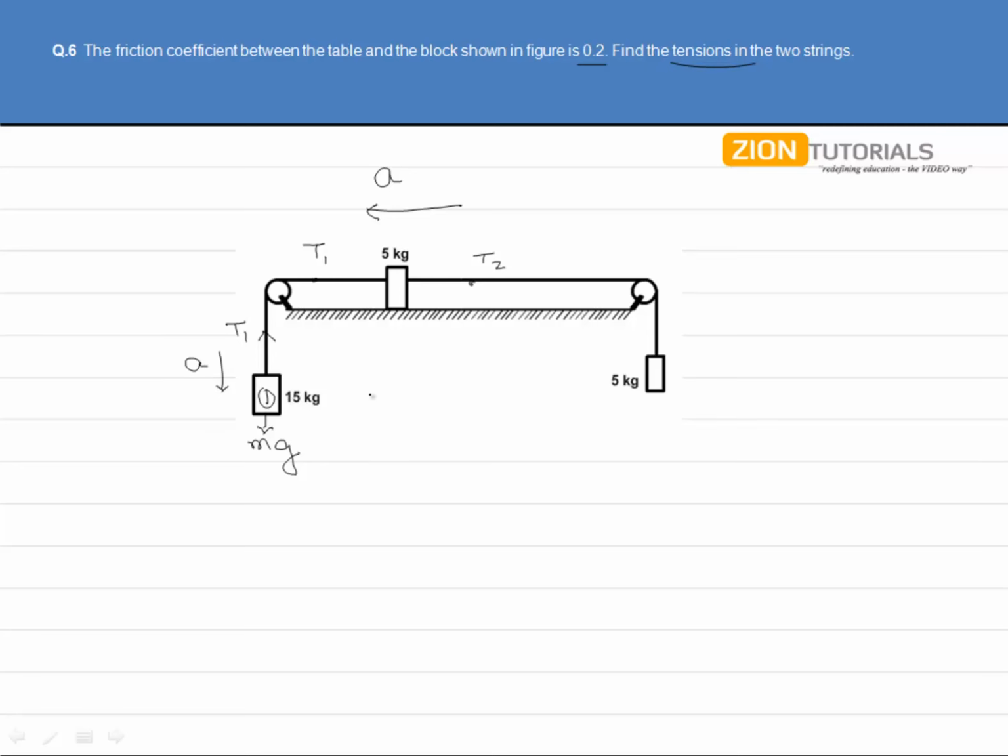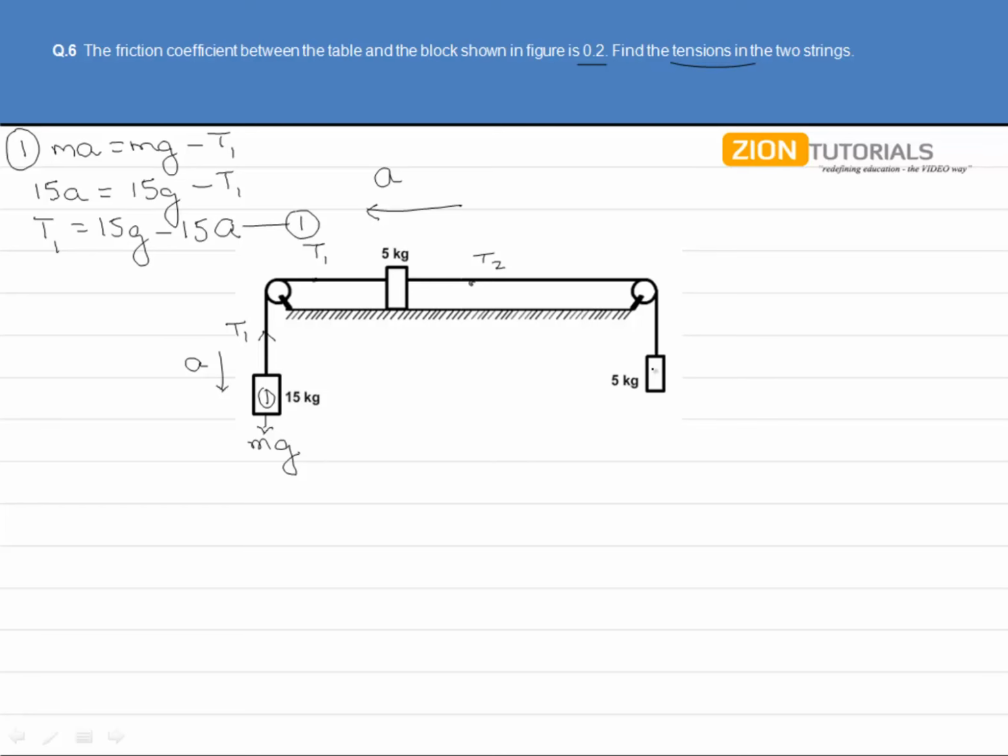Framing the equation for this block, I can write mass into acceleration equals mg minus T1. Putting the values, we get 15a equals 15g minus T1, or T1 equals 15g minus 15a. Let us mark it as equation number 1.